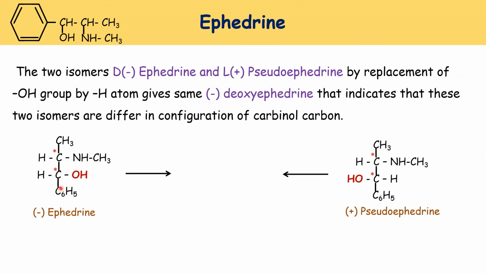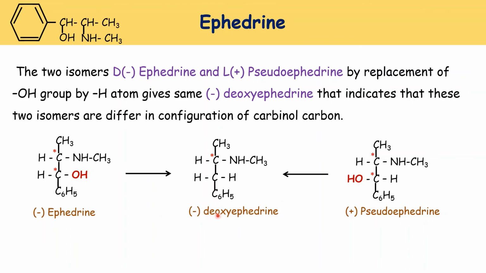This is ephedrine, which is levorotatory. This is the configuration of levoephedrine, and this is the configuration of dextropseudoephedrine. These 2 isomers differ in configuration of the carbinol carbon, that is the carbon carrying the hydroxy group, and both isomers upon replacement of OH by a hydrogen atom give deoxyephedrine.